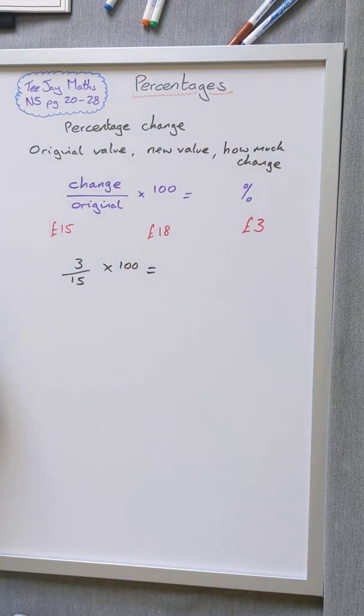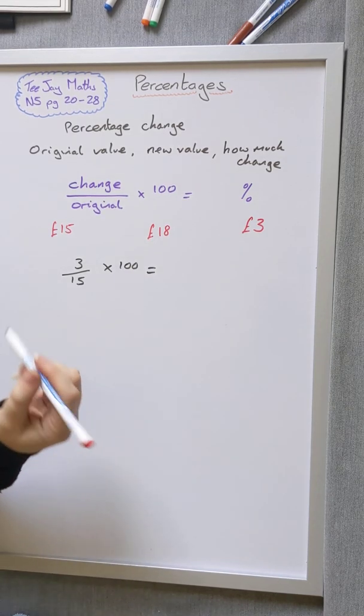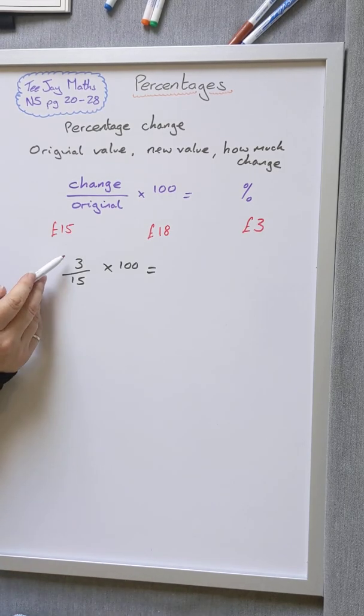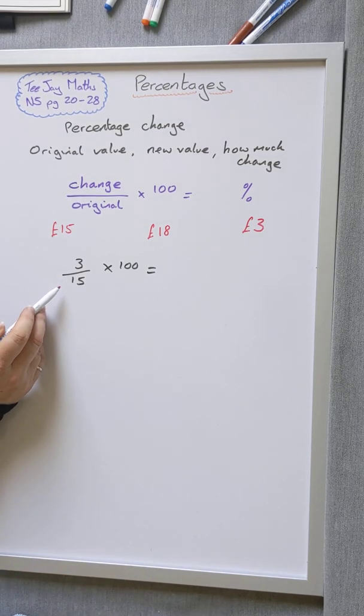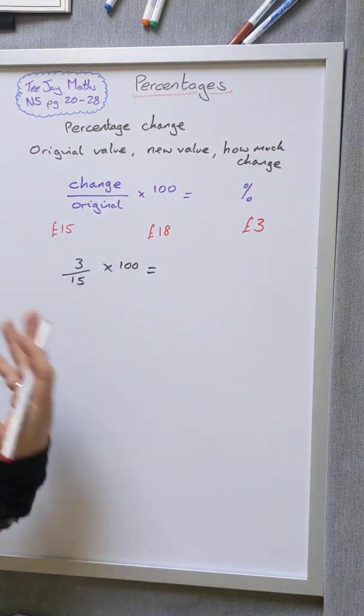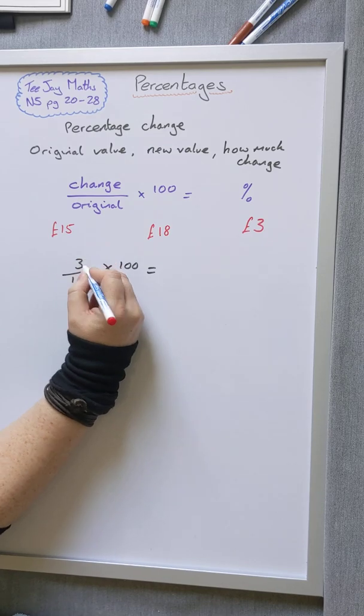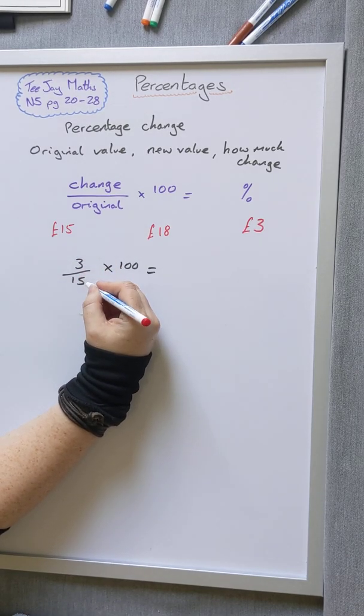Now, when we've done some more fractions and algebra work, you'll be able to see the shortcut I'm about to do. I'm going to convert this fraction to its simplest form. You could simply put it in a calculator, but I know that 3 goes into 15 5 times.